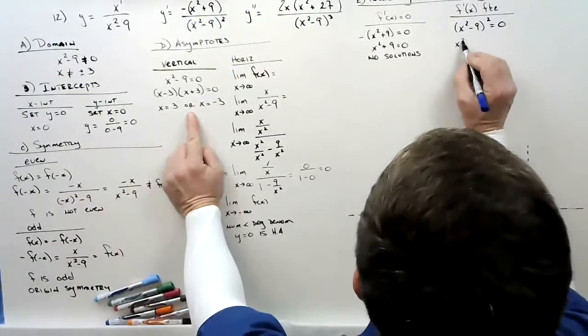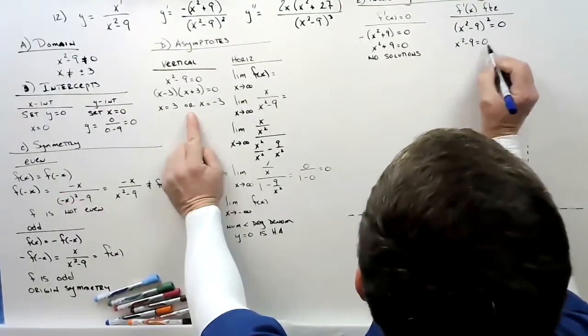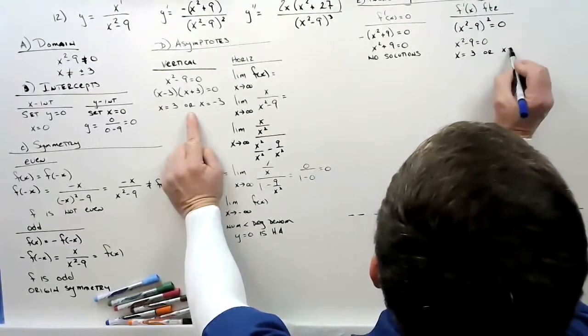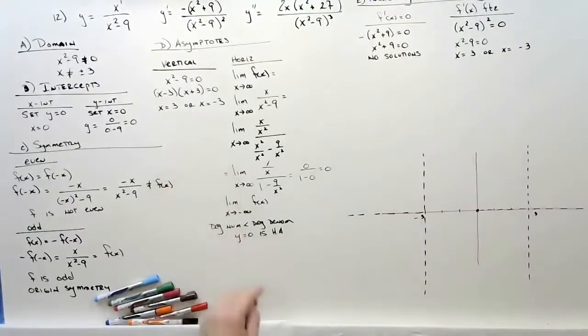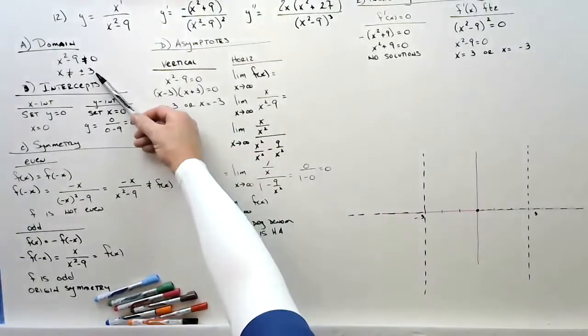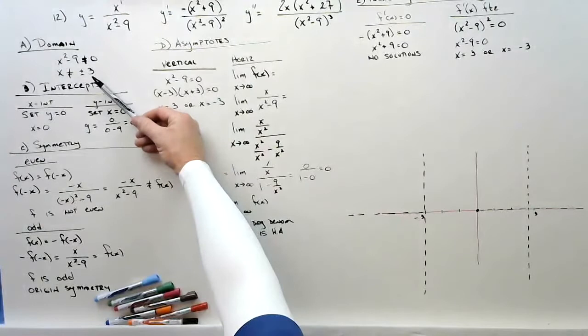That gets us x squared minus 9 equals 0, and that gets us x equals 3 or x equals negative 3. Now, those are not going to be critical numbers. It's important for us to realize that. Why? They're not in the domain. To be a critical number, you have to be in the domain.